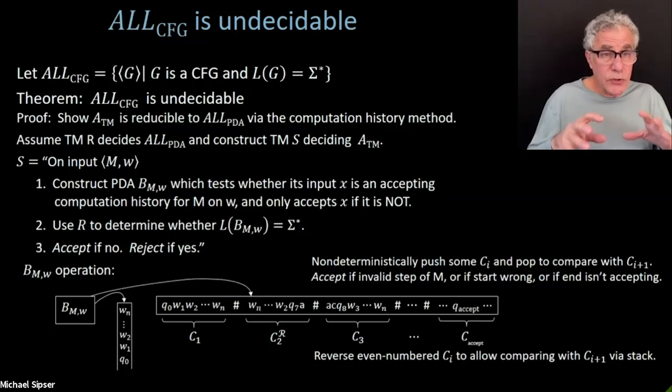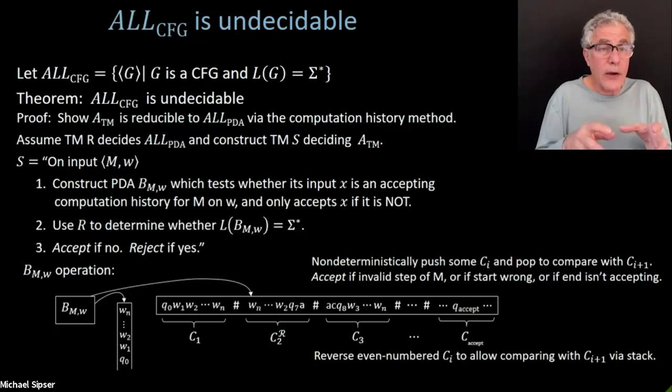The reason why we can do that is because we're taking advantage of the pushdown automaton's non-determinism. We don't know where the failure might occur. So we're going to non-deterministically guess where that failure occurs.